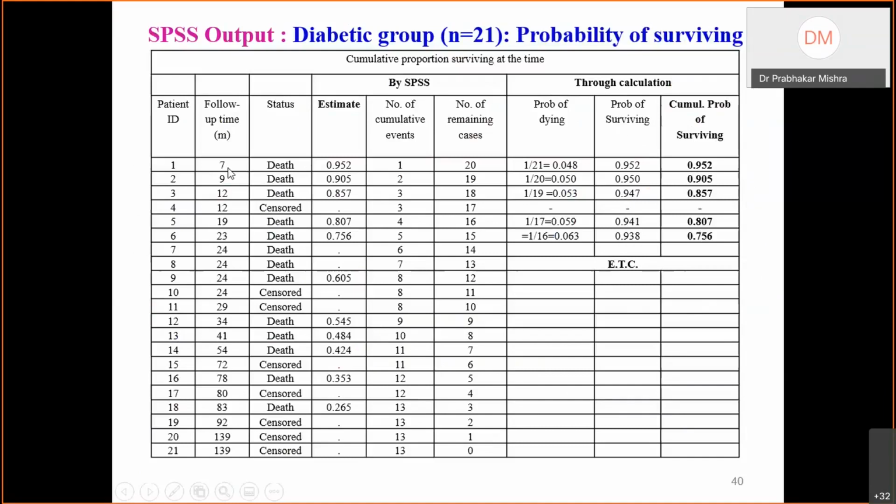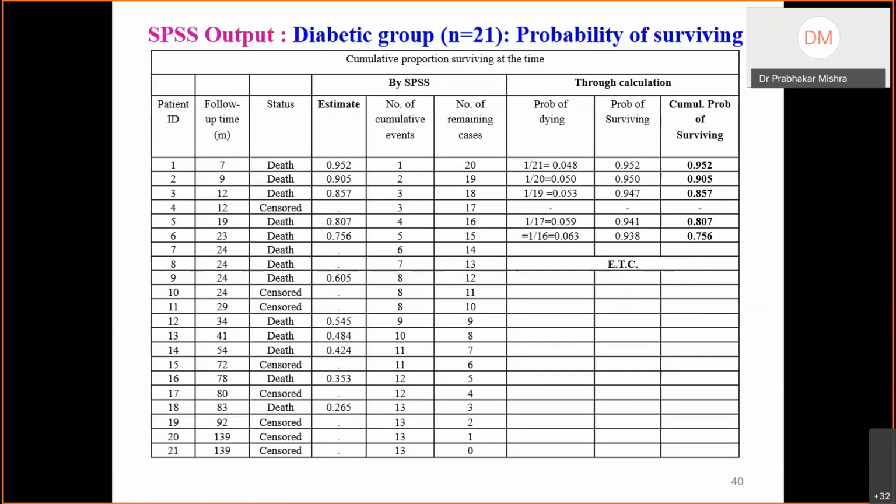See, the first patient has follow-up of 7 months, and the estimated cumulative survival probability is 95.2%, meaning 0.952: after the end of the 7th month, the survival probability of the remaining patients is 0.952. In our study there were 21 diabetic and 35 non-diabetic patients out of 56.